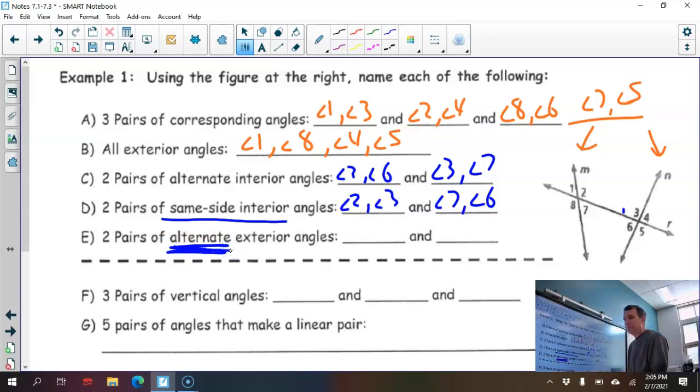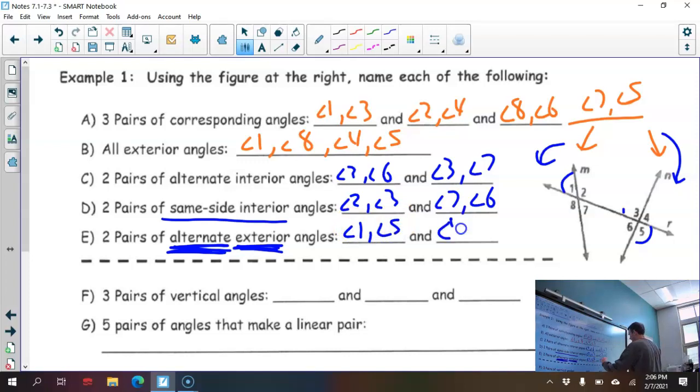Alternate means opposite sides of the transversal, and exterior means outside the 2 lines. So an example of that would be, let's see, the exterior are out here and out here, right? So like angle 1 and angle 5 would be alternate exterior. They're both exterior, and they're on opposite sides of the transversal.